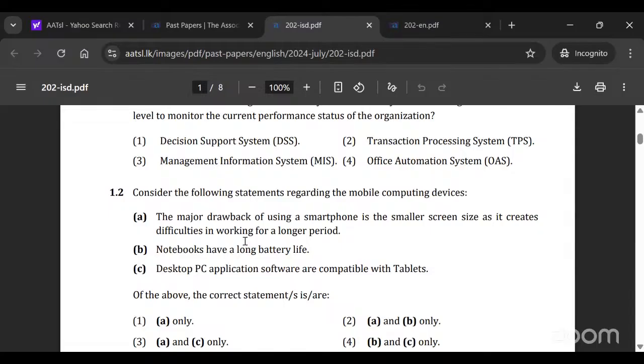We can't say that desktop applications of the same OS, the same application, can be used in different operating systems. Mobile devices and tablets use Android or iOS, right? Then we can't install Windows applications on that.